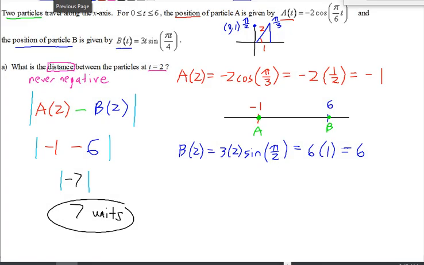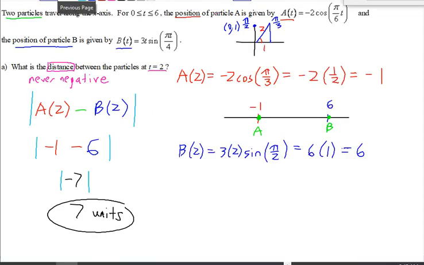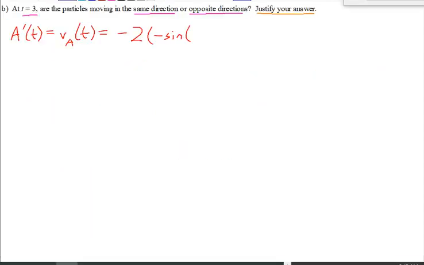And so when we take the derivative of that, notice we're just using the chain rule, so the negative 2 would stay on the outside. Derivative of cosine is negative sine of pi over 6t. So using the chain rule, you have to multiply by the derivative of the inside, sorry, derivative of pi over 6t, which is pi over 6.